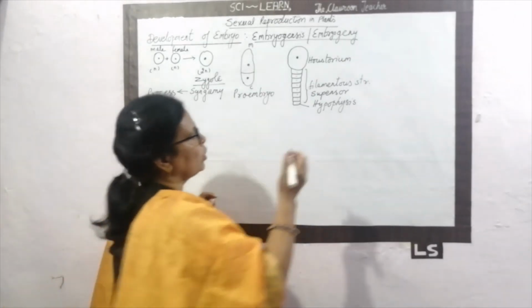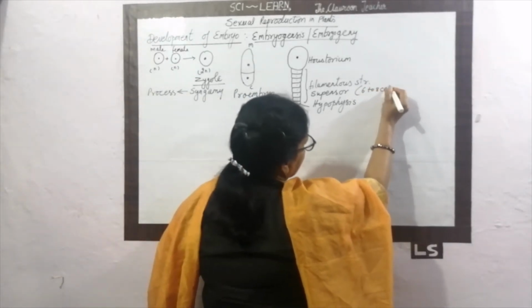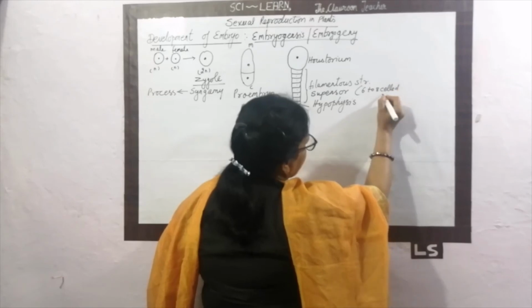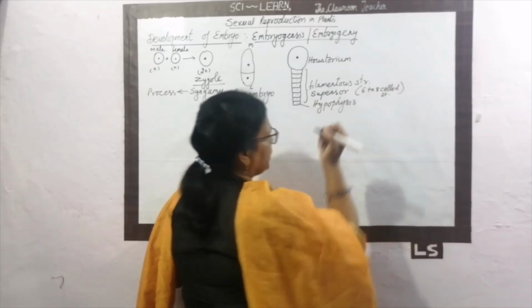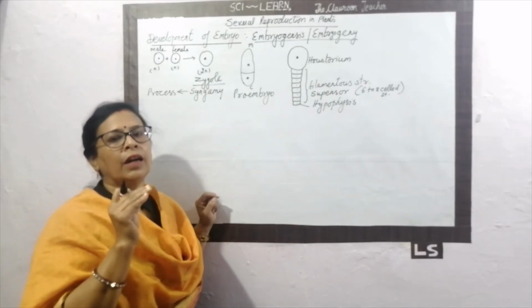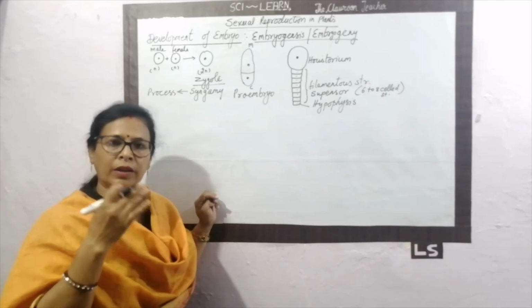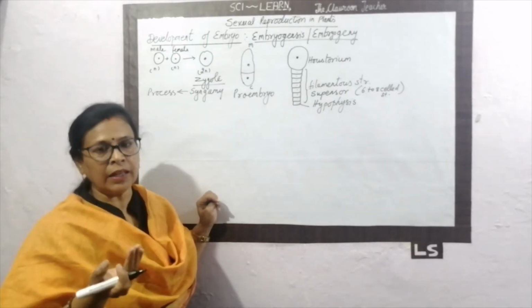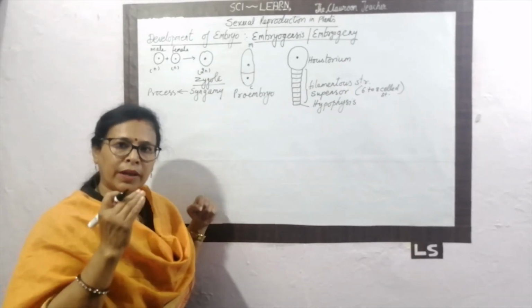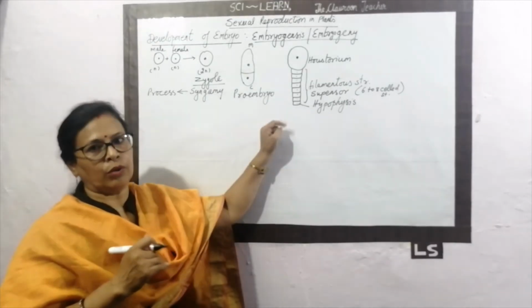So this is a 6 to 8 cell structure. What is important here is that it is filamentous, the suspensor, and is suspended inside the endosperm because that is the source of nutrition. In other words, the embryo gets nutrients from endosperm through the suspensor only.